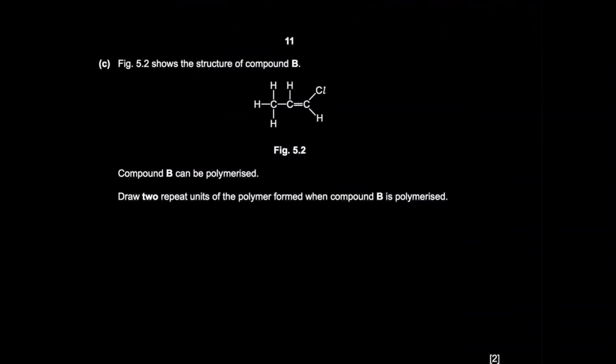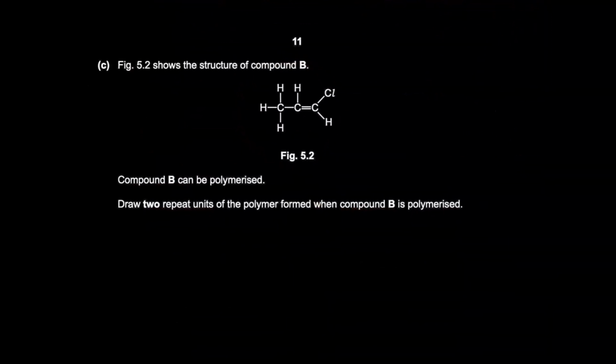Figure 5.2 shows the structure of compound B. Compound B can be polymerized. Draw two repeat units of the polymer formed when compound B is polymerized. Okay. Now, what type of polymerization is this?